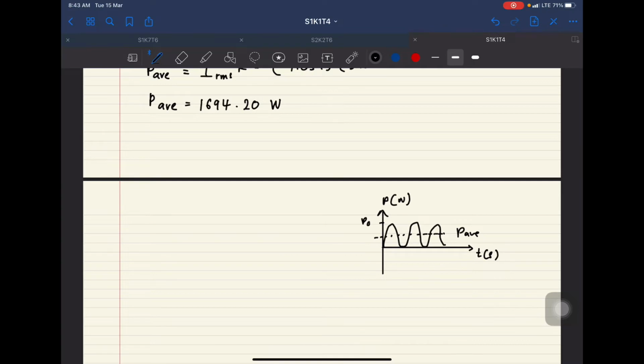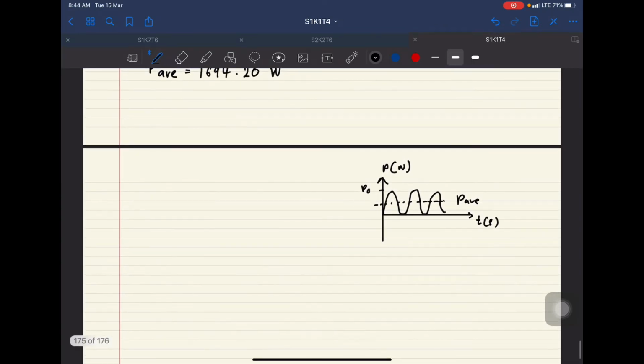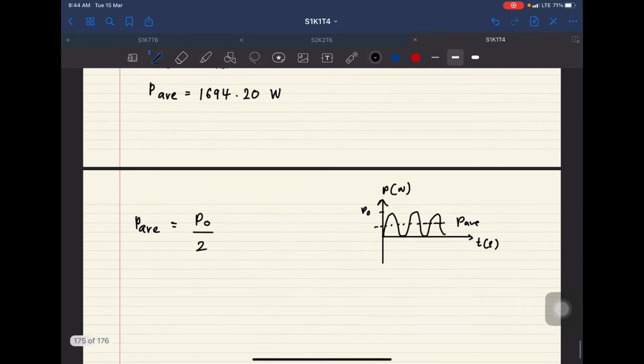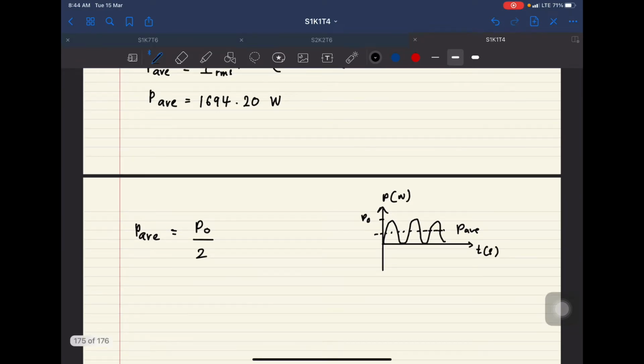Okay, and then previously I already showed you the formula. The relation between P naught and P average is that P average is equal to P naught over 2. So basically P average is half of the P naught.